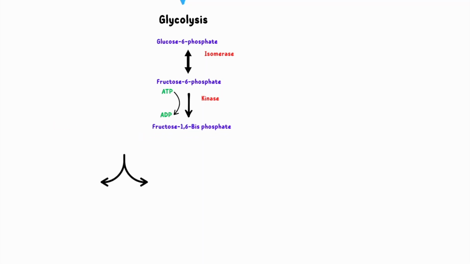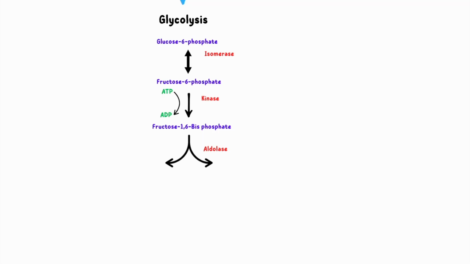Glycolysis is a metabolic pathway that converts glucose 6-phosphate with the help of enzyme isomerase into fructose 6-phosphate. Then with the help of enzyme kinase and ATP, it converts into fructose 1,6-bisphosphate. Now this step is a key regulatory step and is also irreversible.